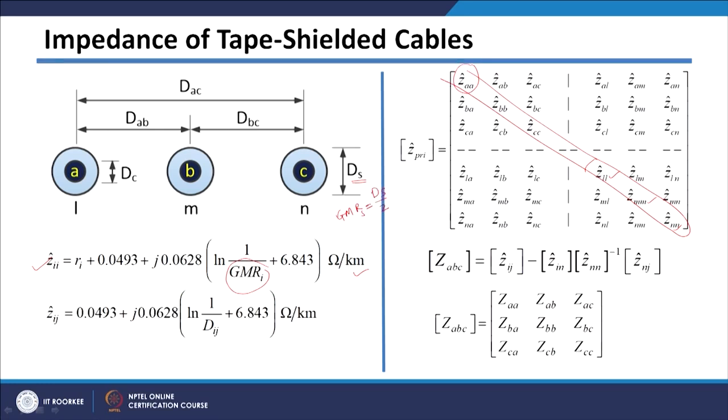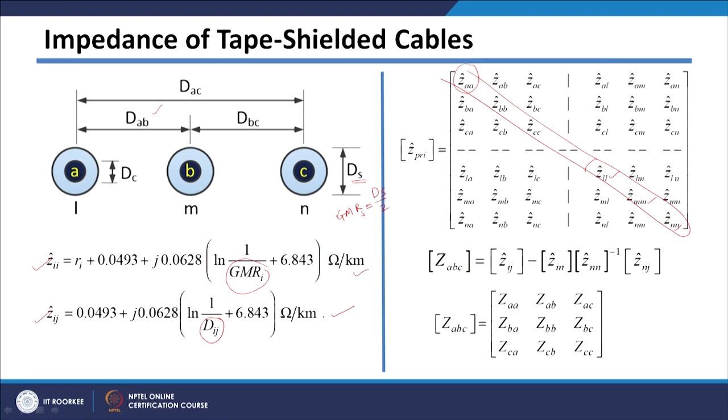Then the off diagonal entries of this primitive impedance matrix will be calculated using this equation, where we need to know the distance Dij between the conductors. We can easily get all the off diagonal entries using this equation.